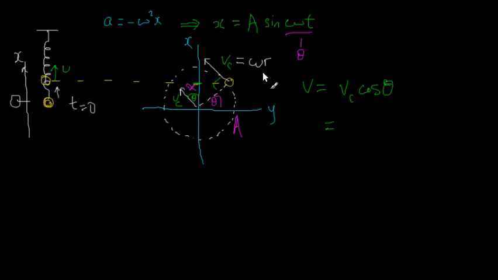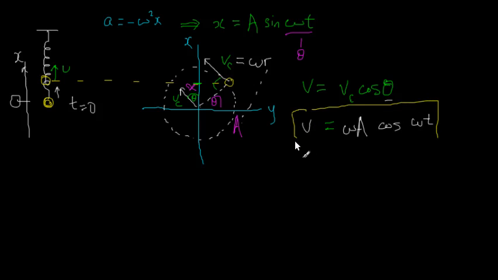Now in this case, the radius of the circle is A. So vc is omega A. And theta, we already know, is omega t. So there, we have just derived the formula for velocity that we have seen in earlier sessions. That's the velocity.